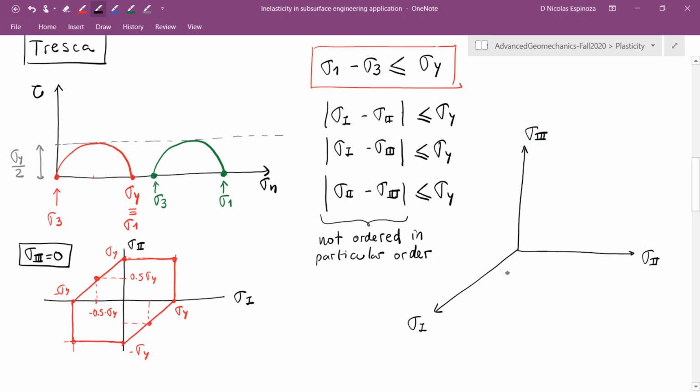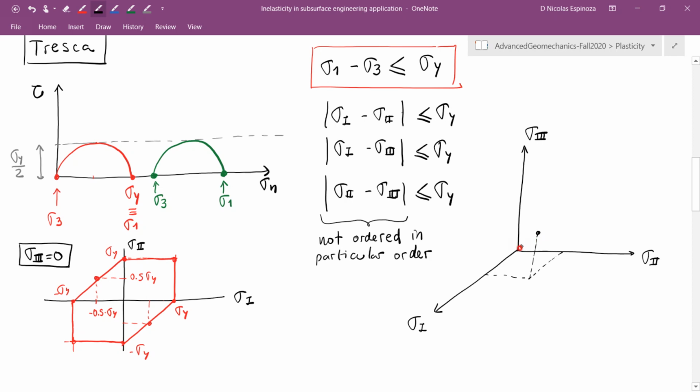All right, here what I'm going to do is define what is known as the hydrostatic axis, which is going to be the axis for which all the principal stresses are the same.